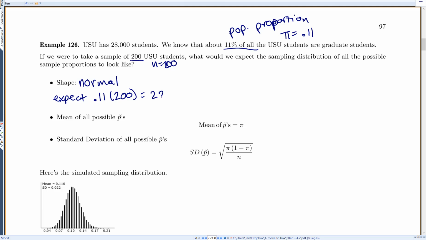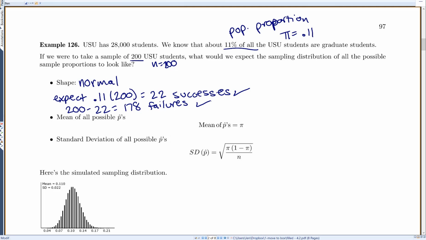We'd expect about 22 successes. And then if there's 200 total, 200 minus 22 gives me 178 failures. So that's what we expect. We haven't actually taken a sample, but we'd expect about 22 successes and 178 failures. That is big enough, so our shape should be normal.